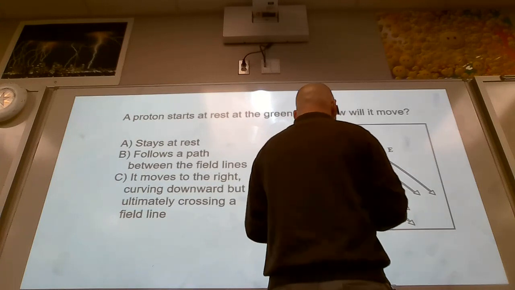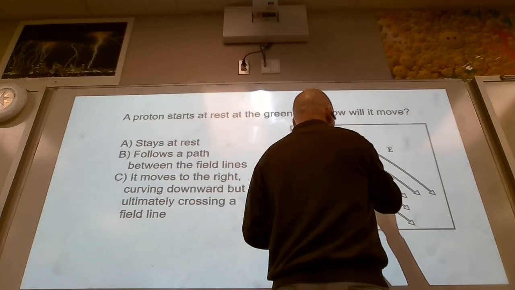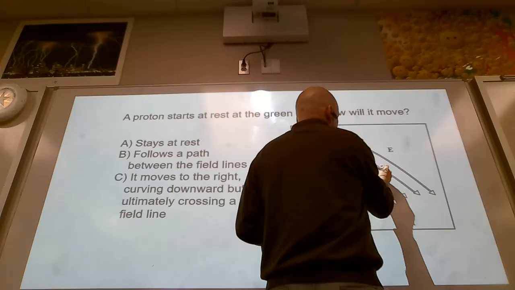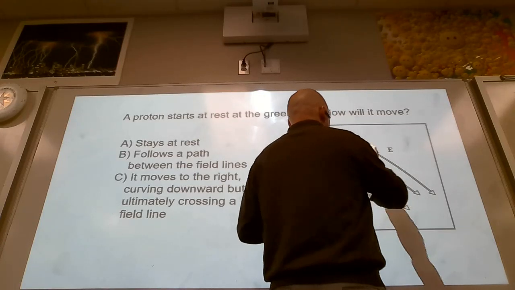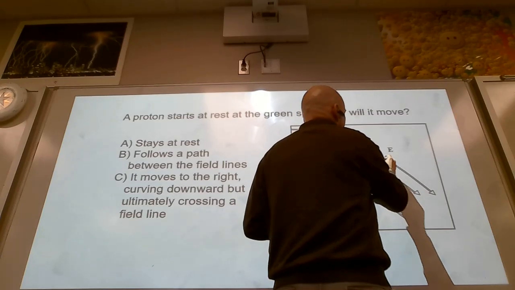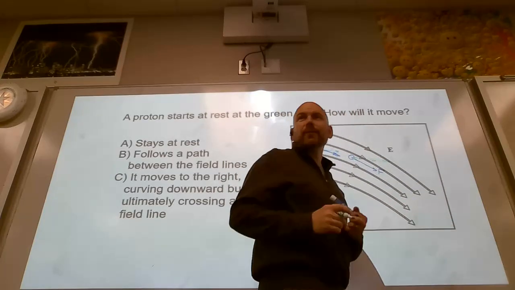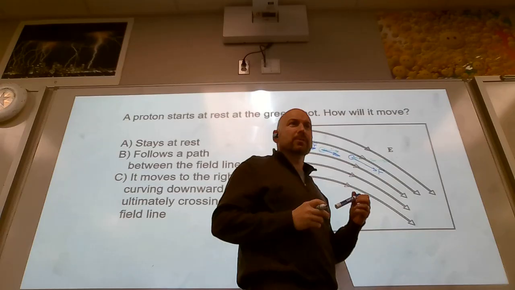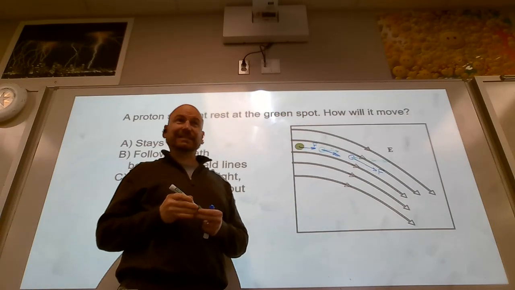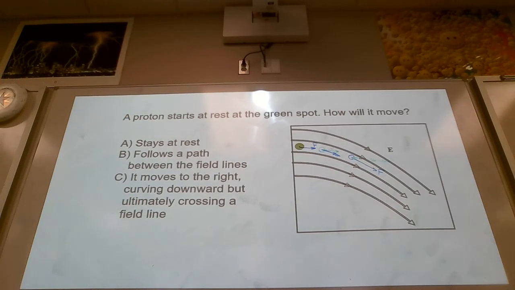So over time, the force is going tangent, getting stronger, but our velocity is getting higher, and at some point it's going to cross over field lines because this has inertia. You all right with that? Okay. So C.